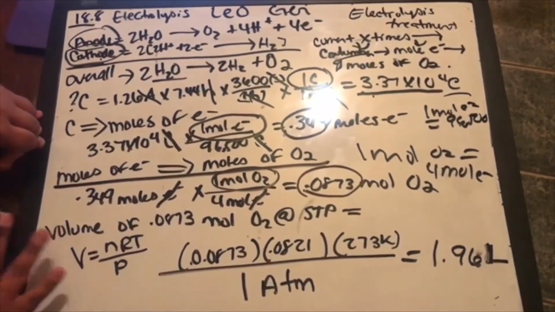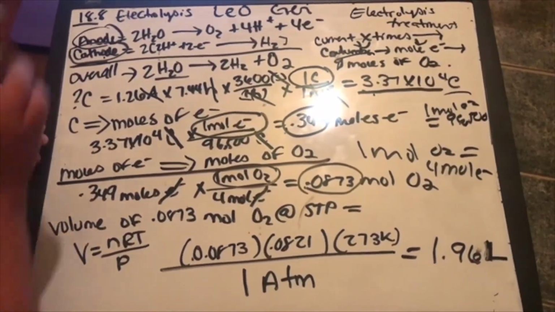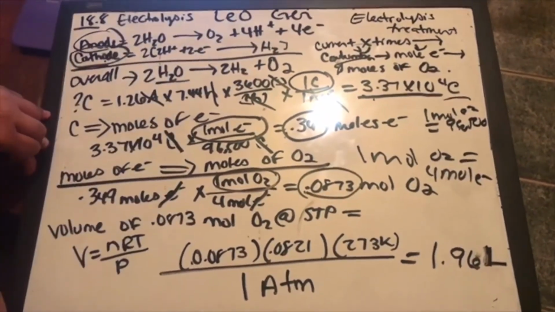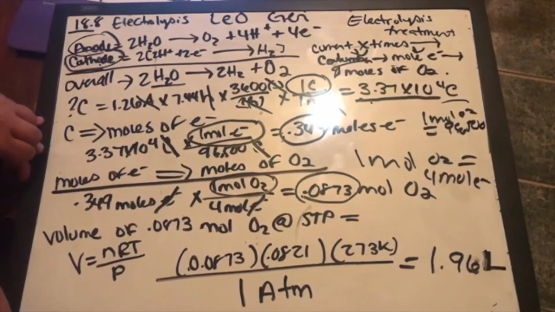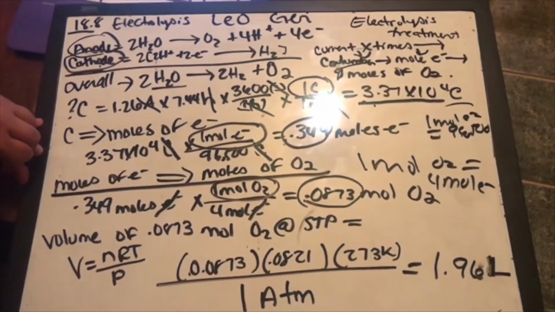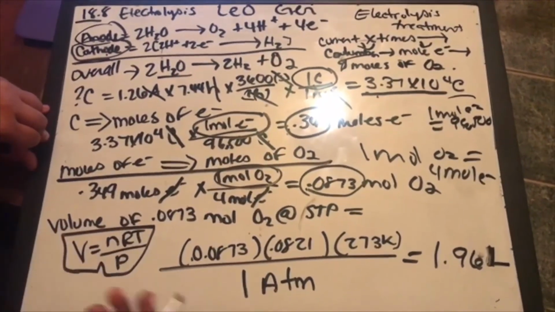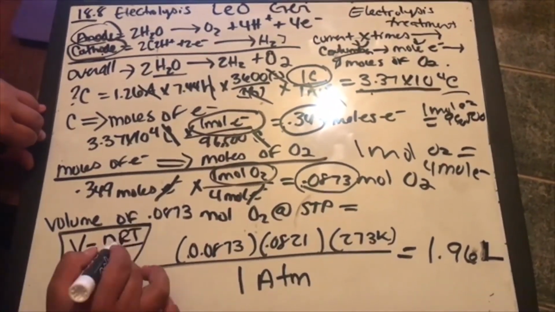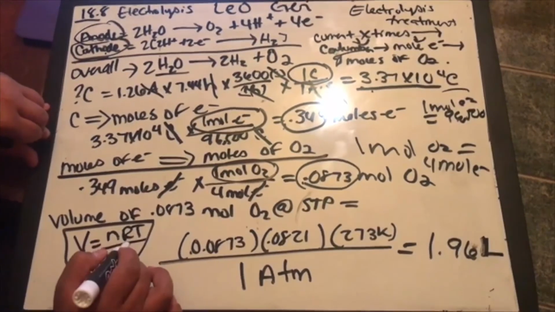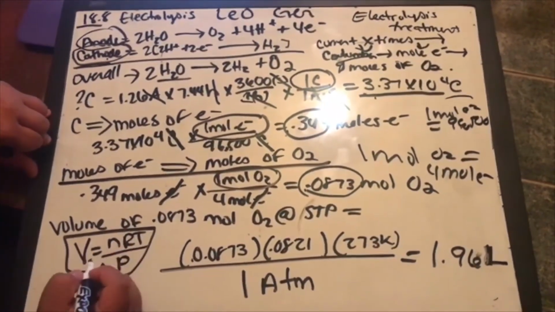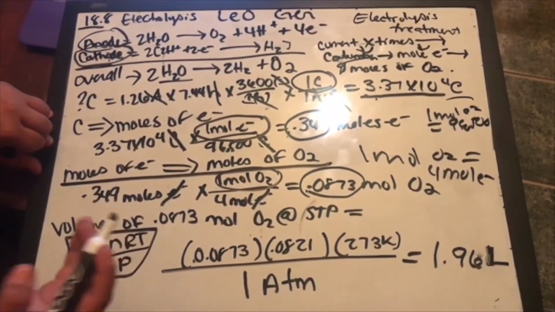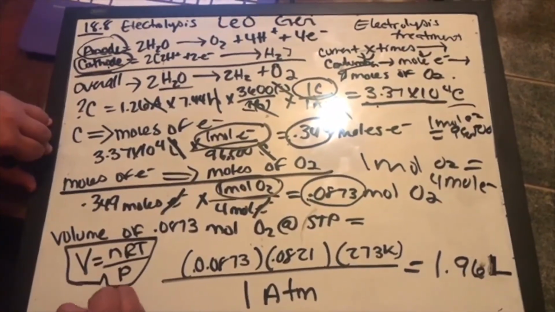So the last step is finding the volume of the gas, which is oxygen, at STP, given by the equation V equals nRT over P. So this is our equation for volume, which is n times the gas constant times the temperature, divided by the pressure. We are at standard conditions, so our pressure is going to be 1 atmosphere.